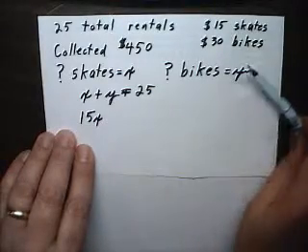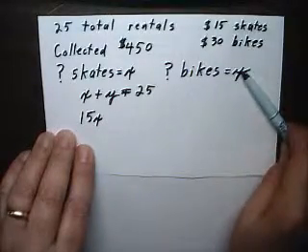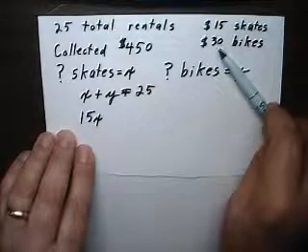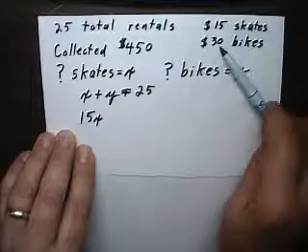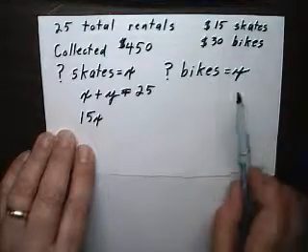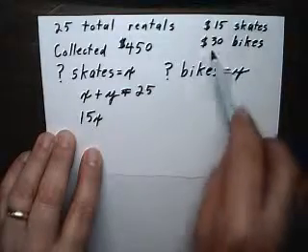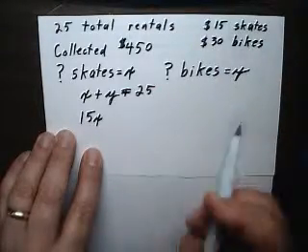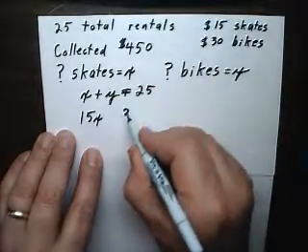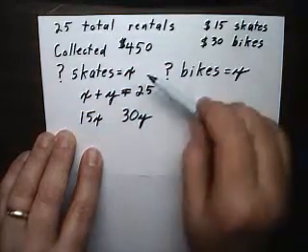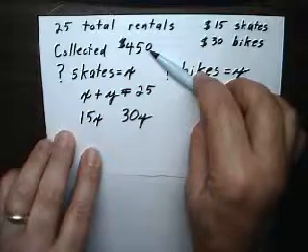And we have to do a similar thing for the bikes. If they rented 2 bikes, it'd be $60, 3 bikes $90, 4 bikes $120, and so forth. So the Y gets multiplied times the 30. Now altogether they collected $450.